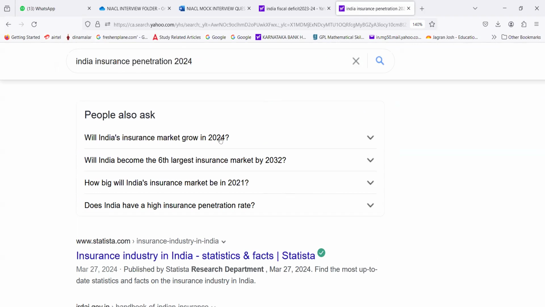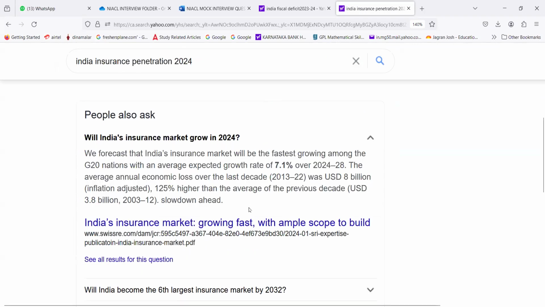Will India's insurance market grow in 2024? Please listen to me carefully. We forecast that India's insurance market will be the fastest growing among the G20 nations with an average expected growth rate of 7.1% over 2024-28.